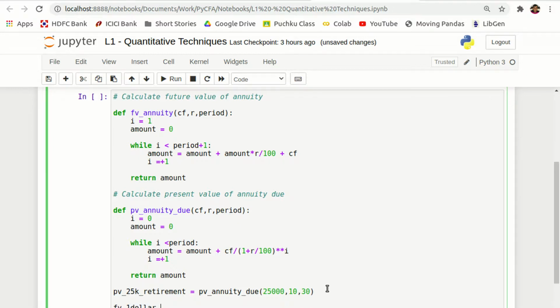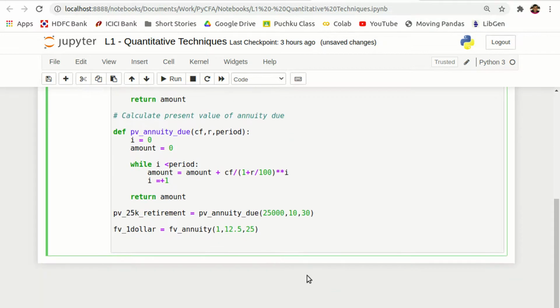This is going to be future value annuity of $1 at 12.5% for 25 years. Suppose I invest $100, so the future value of annuity will be 100 multiplied by the future value of $1. So if I know how big the kitty I want is, I can simply divide it by the future value of $1 to arrive at how much I should be investing every year.